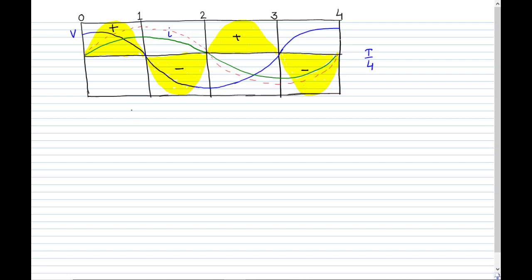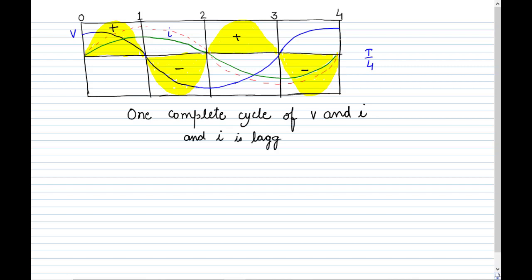In this we have shown one complete cycle of voltage and current, and I is lagging behind V, that means the current is lagging behind voltage by pi by 2.